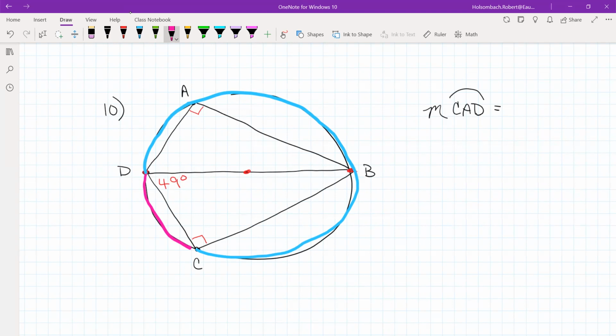All right, so look, here's what you got. If you know that this angle is 49, then this portion of the arc is twice as big as 49, isn't it? So the green portion of the arc would be 49 times 2, which is 98.